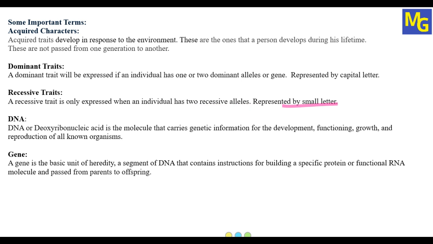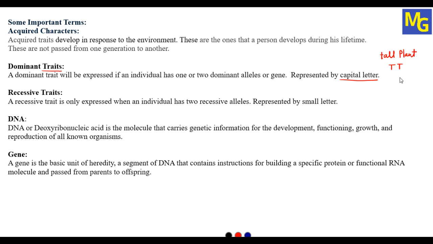So dominant genes or dominant traits means the character which will be shown by a capital letter. For example, imagine we have two plants. One plant is tall, so its gene will be shown by capital T, capital T. So a capital letter is used for a dominant trait. Capital T, capital T means this plant is a tall plant.